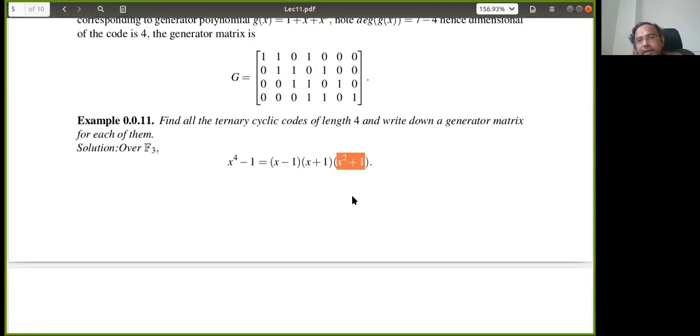Root means if I substitute, it has to become 0. 1 is not 0, so 0 is not a root. Is 1 a root? No. 1 square plus 1 is 2, and 2 is not 0 in F3. Now 2 square is 4, 4 plus 1 is 5, but modulo 3 it is 2, not 0.